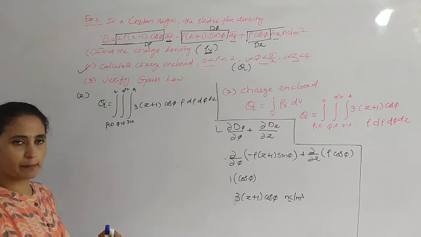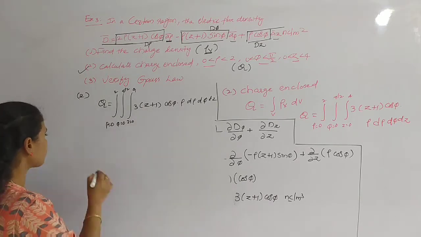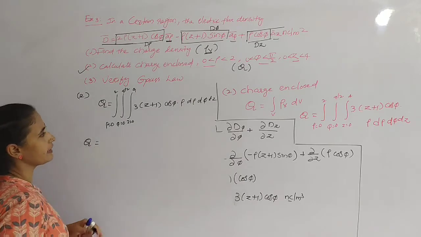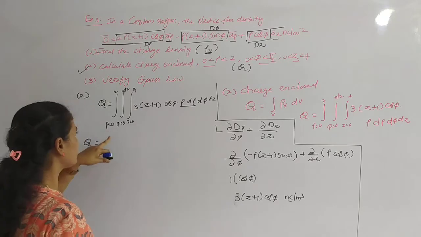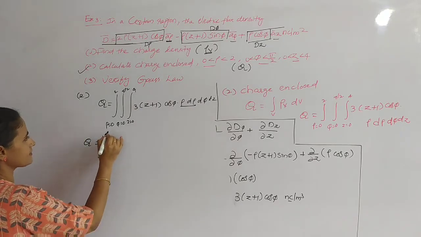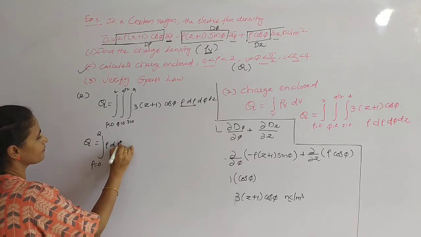Let me separate the integrals with respect to their differential terms. So Q is given by, first the rho term: we have rho into d rho, with the rho limits from 0 to 2.